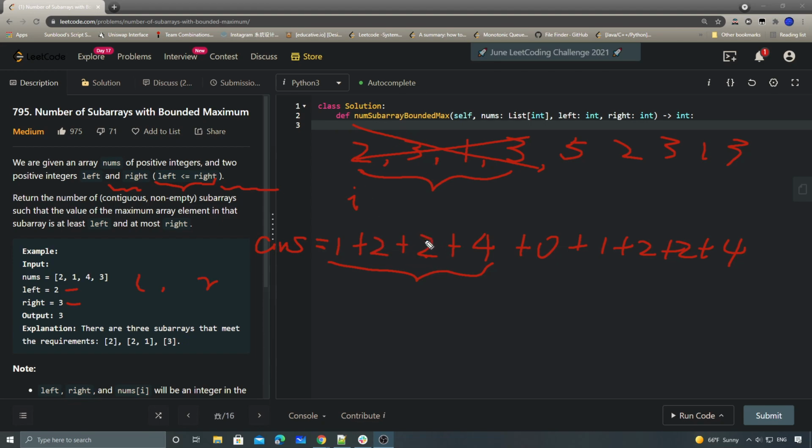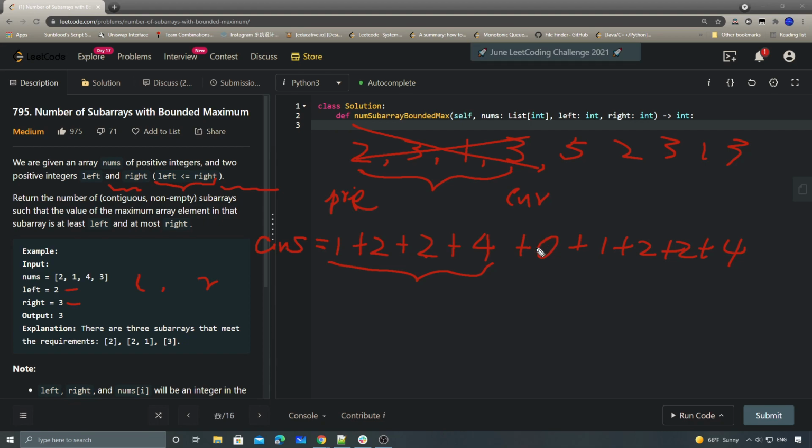And when the current number is within the range, we update and use the new length, which is the current index minus the previous one. That's why we get 4, and that's why we get 2 and 1.